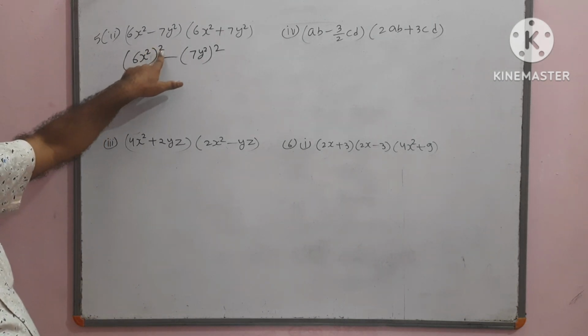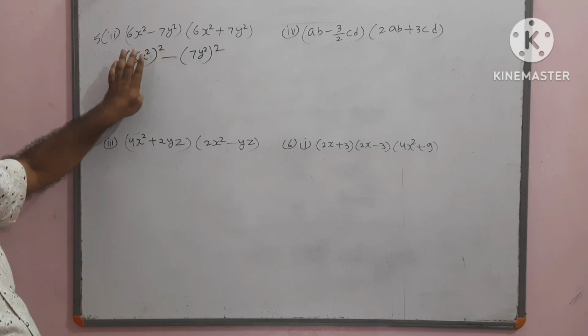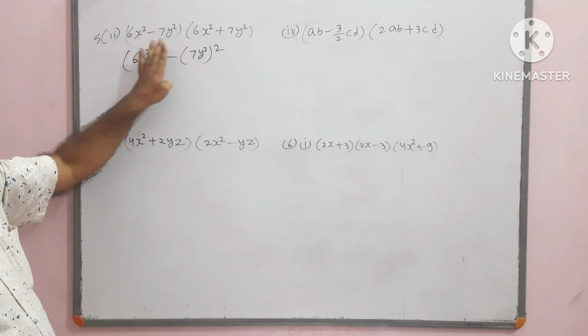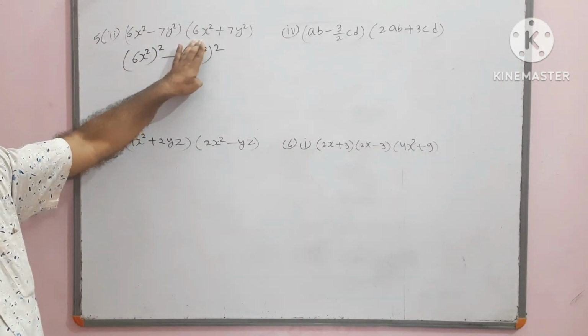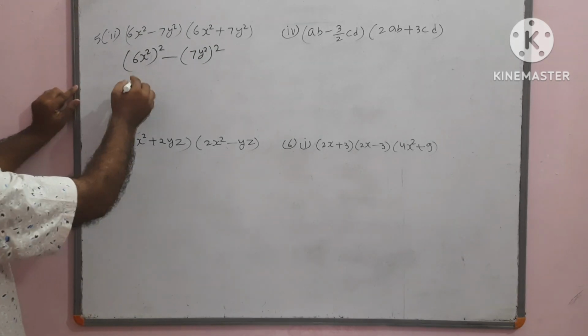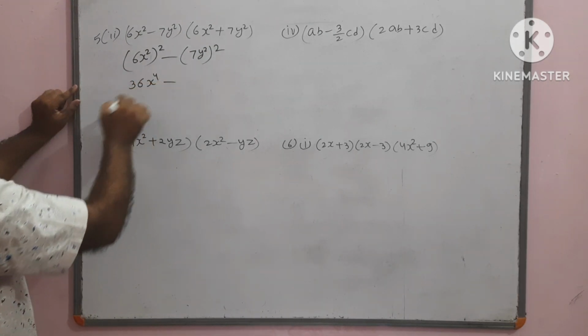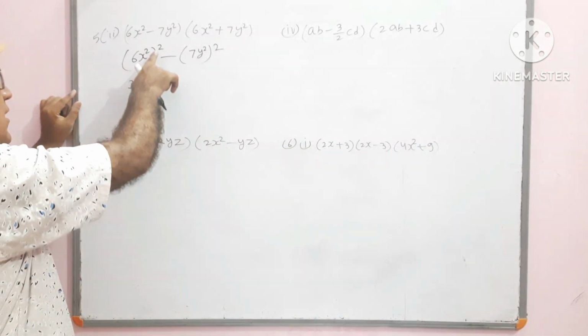Be very careful if there are double squares. Don't think that this square is at the place of here. No. First term is 6x square, then you have to write whole square of it. 7y square is the second term, then you have to write whole square of it. Now calculate it. 6 square is 36, x square whole square is x power 4. This you have read in exponent chapter.